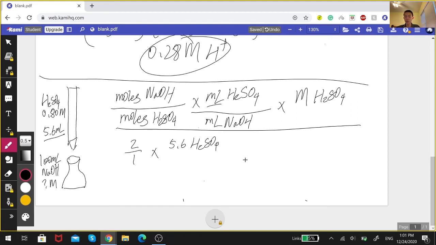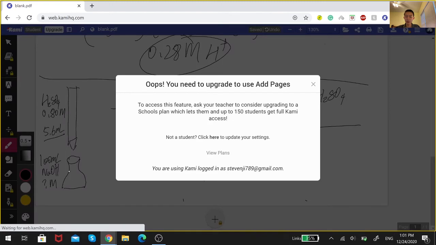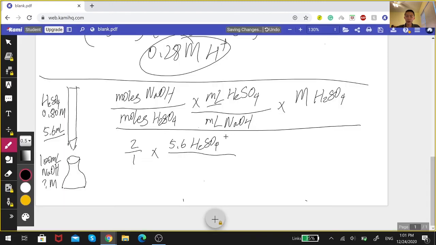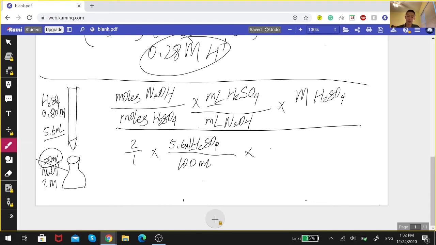Divide that by NaOH, which we start off with 100 mL. Finally, we multiply by the concentration of H2SO4, given up here as 0.80 molar. That gives us a final answer of 0.090 molar, which is our concentration of NaOH.